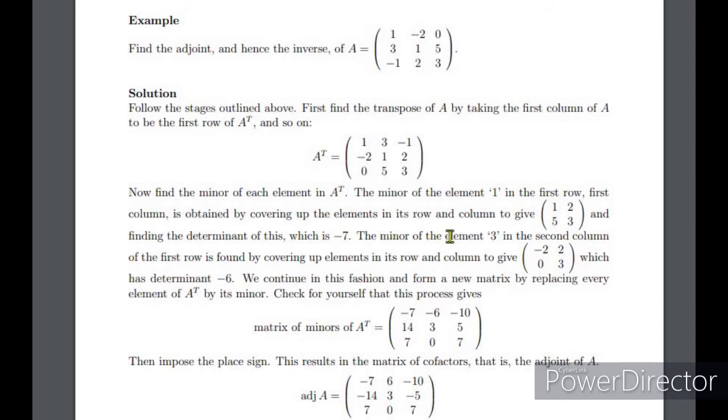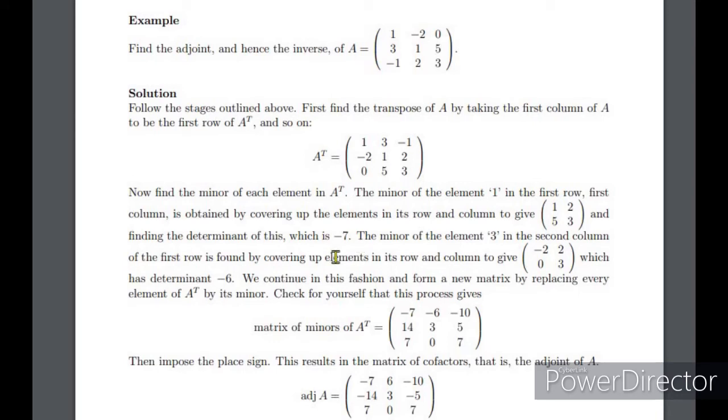We just cover the row which it belongs to and the column which it belongs to. The remaining elements are 1, 2, 5, 3. That's why it is 1, 2, 5, 3 here. And finding the determinant of this gives -7. You already know how to find the determinant, because we have discussed it earlier.